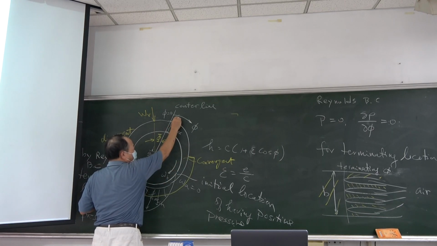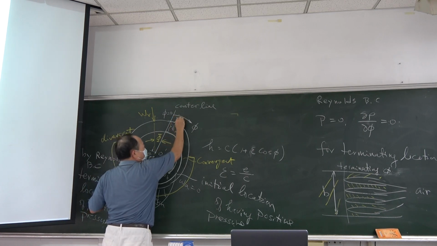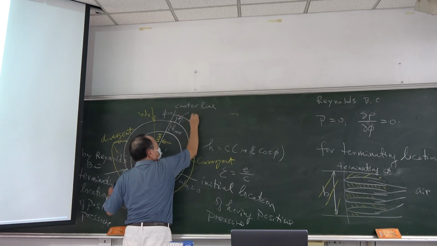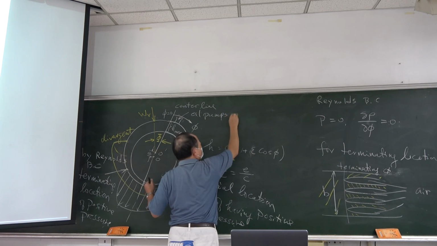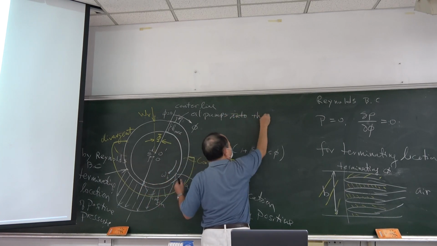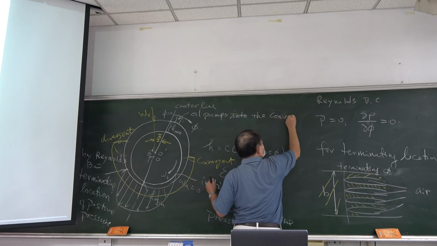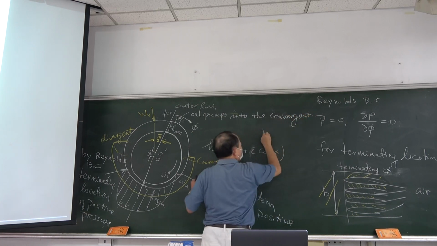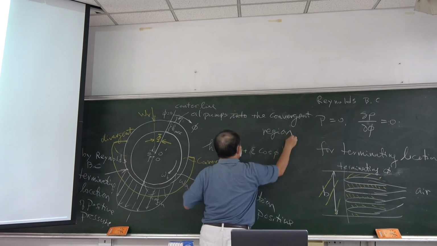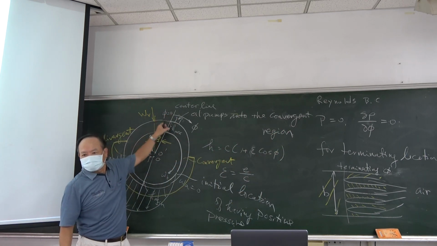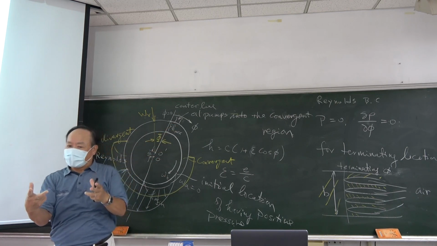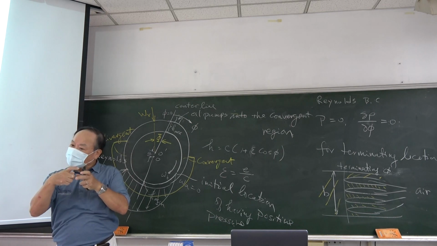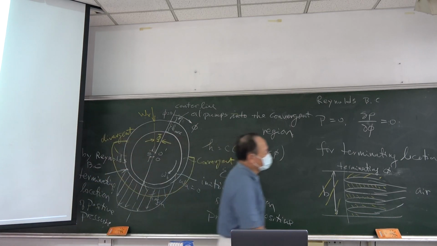In general, this is the convergent area. Our entrance, the oil pump, feeds into the convergent region. This is the oil inlet. This entrance may be a hole or sometimes we use the groove style. What does it mean by groove?